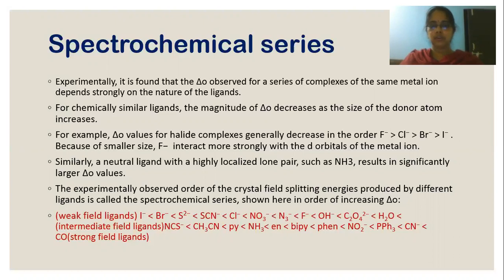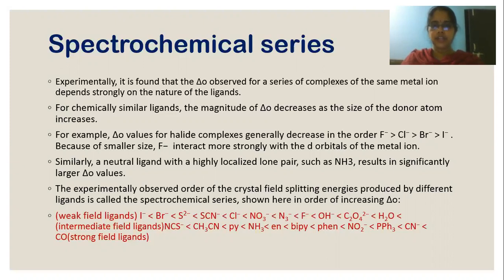In an octahedral complex, the Eg orbital energy will increase, whereas the energy of the T2g orbitals decreases, because Eg orbitals are repelled more by the ligand field than the T2g orbitals. That difference in energy between the Eg and T2g sets of orbitals is called the crystal field splitting energy.